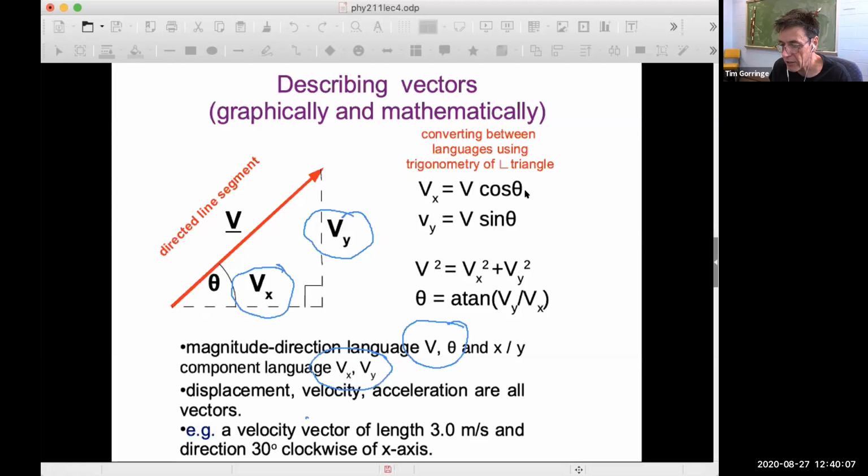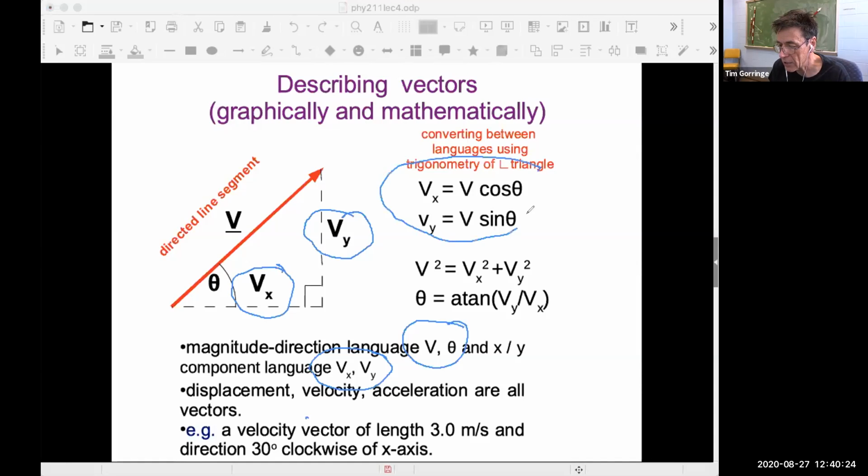It's a dictionary that tells you how to convert from magnitude and direction to x and y component language, or vice versa. So, for example, upstairs here, suppose you know the magnitude and the direction of a vector. That's a v and a theta.